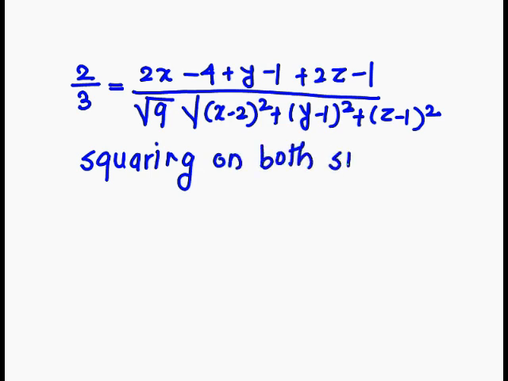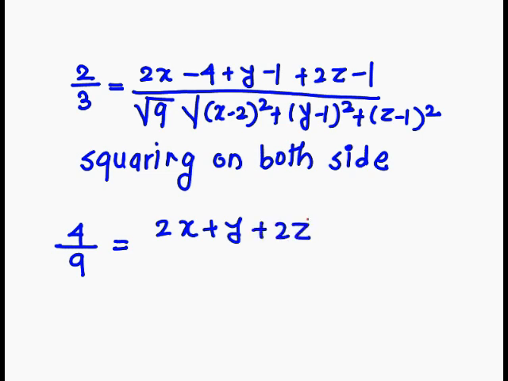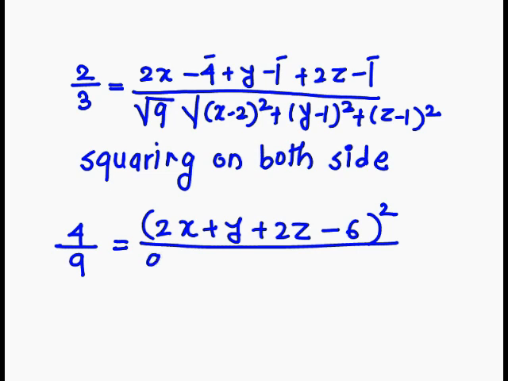So we get square of 2 is 4, square of 3 is 9, is equal to 2x plus y plus 2z minus 4 minus 1 minus 1, we get minus 6, the whole square, divided by 9. The square root gets removed, and in bracket x minus 2 square plus y minus 1 square plus z minus 1 square.